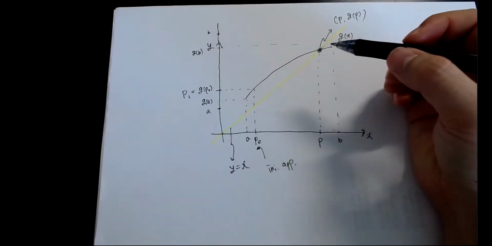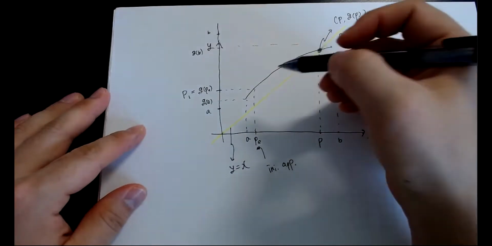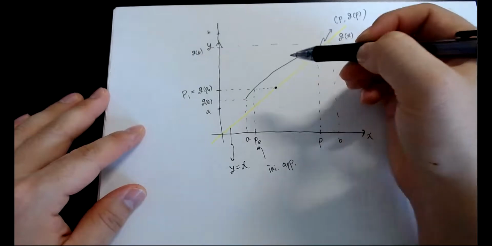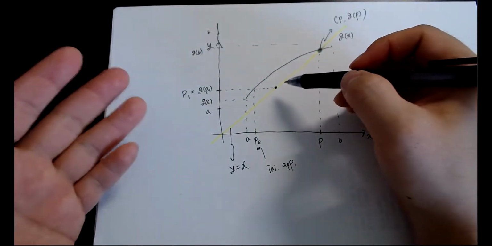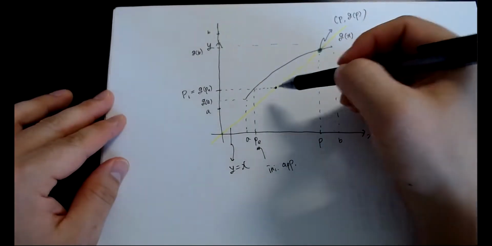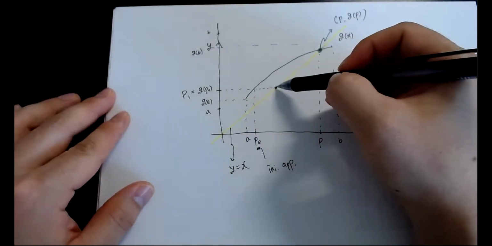Then we're going to evaluate g at p1. To figure out p1, we find the point on the graph y equals x whose y coordinate is p1 right here.